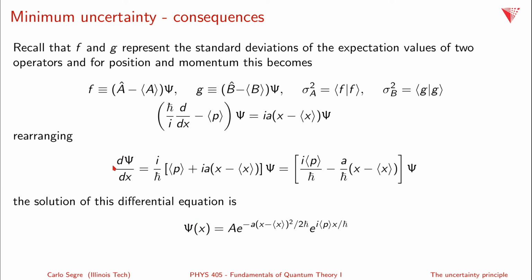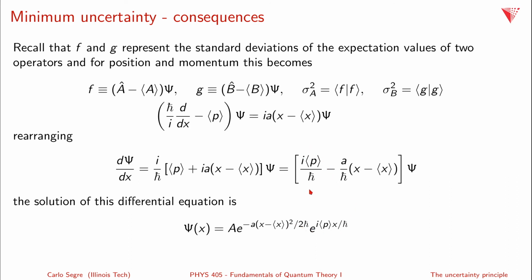So when I take the first derivative, I get all this pulled down from psi. That means it must be in an exponential, right? And so I'm going to have two terms to this. One is an exponential with an exponent of minus A over h bar, x minus expectation value of x, squared, over 2, because I'm going to have to cancel out the 2 that I get when I take the derivative.